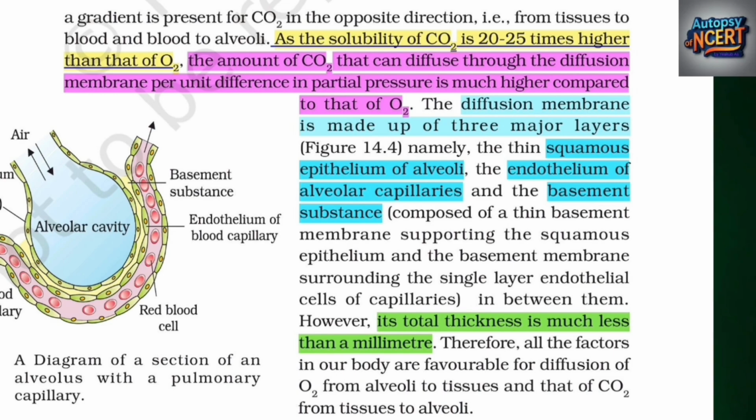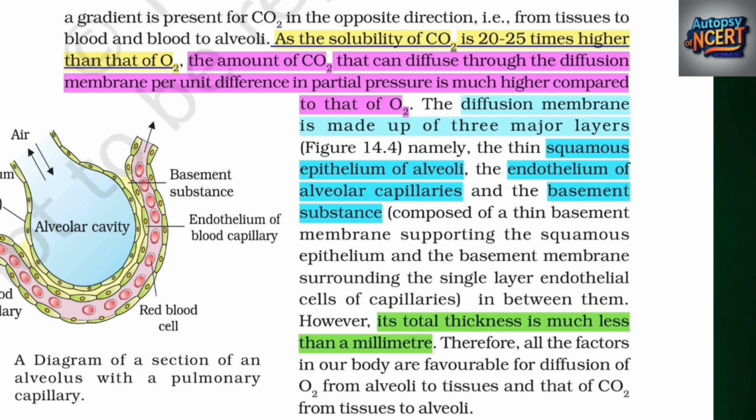to alveoli. As the solubility of CO2 is 20 to 25 times higher than that of O2, the amount of CO2 that can diffuse through the diffusion membrane per unit difference in partial pressure is much higher compared to that of O2.